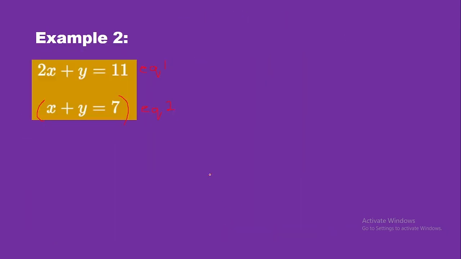So if you wanted to, you could just subtract your equation 2 from your equation 1, and y minus y will cancel out our y's, and 7 minus 11, and x minus 2x, you'll be left with x, right? So x will be equal to 3.